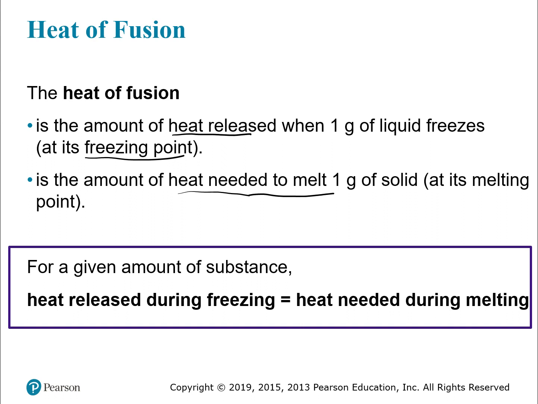So remember, freezing and melting, they are the opposite of each other. They need the same amount of heat. With freezing, you're releasing that heat. Melting, you require that same amount of heat as input.